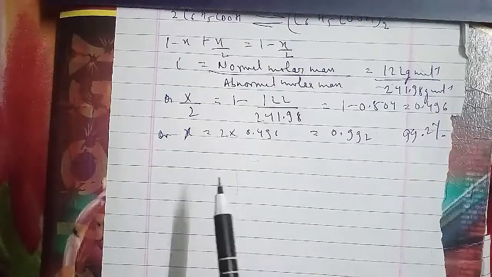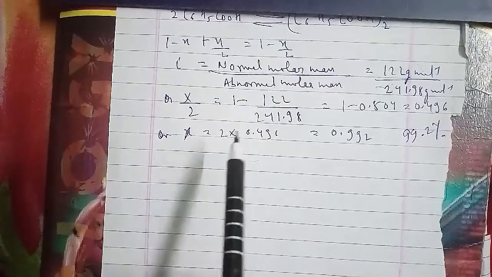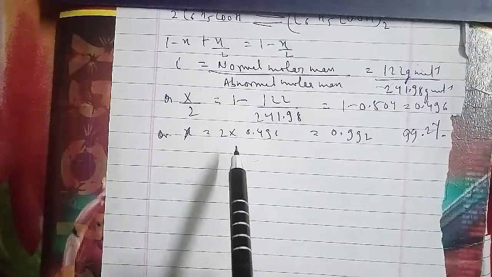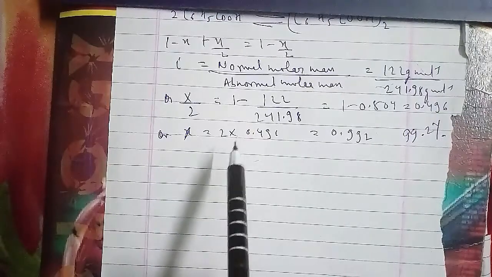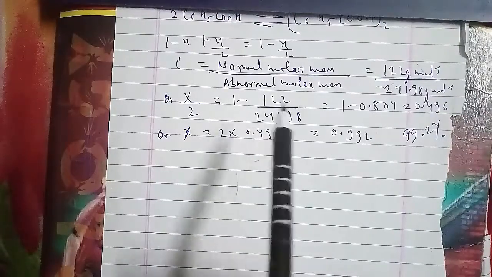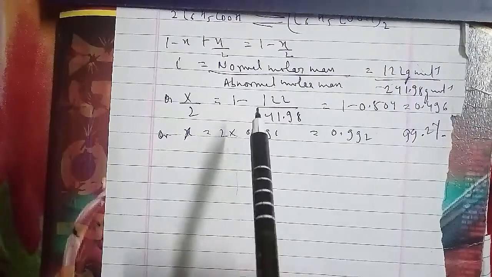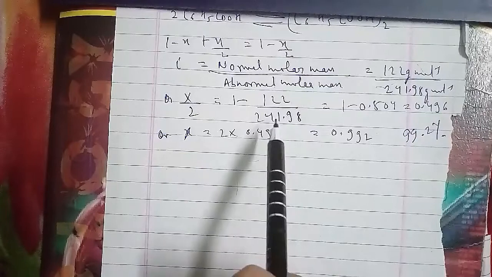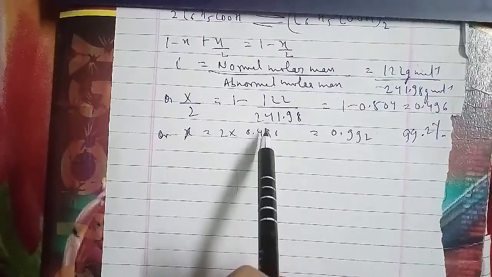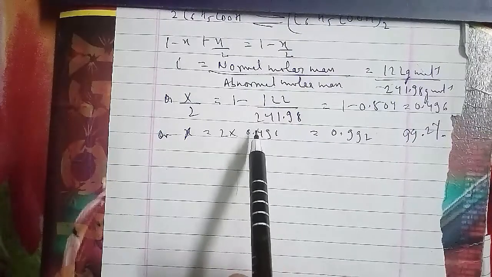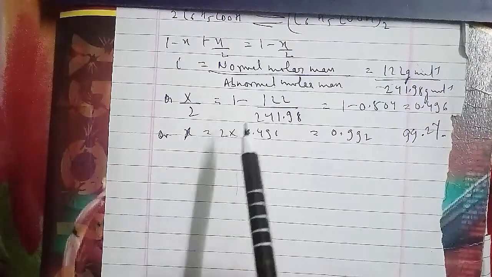The depression in freezing point observed for this strength of acid was 0.0205 degrees Celsius. Calculate the Van't Hoff factor and the dissociation constant of the acid as well. So for that sake we have the 13th question here.